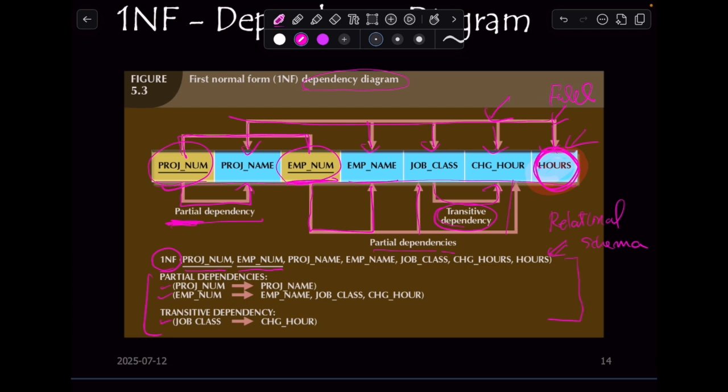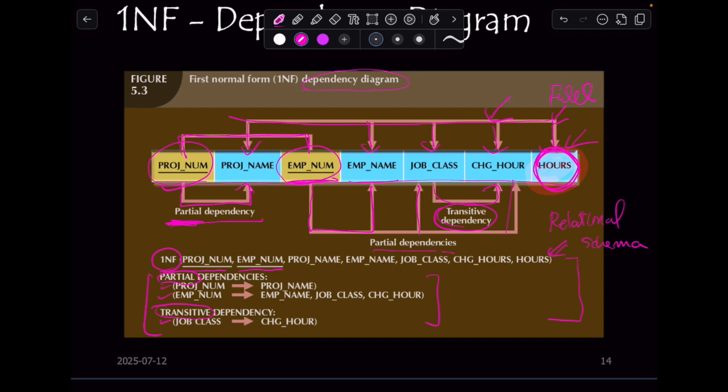So when you do your assignment, you may need to draw this kind of functional dependency diagram. Now, based on this, our next step is we need to make a second normal form. In general, if you find partial dependencies or transitive dependencies, they are bad signs. That implies we have some redundancies or anomalies.